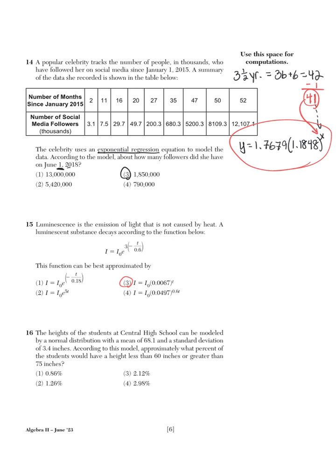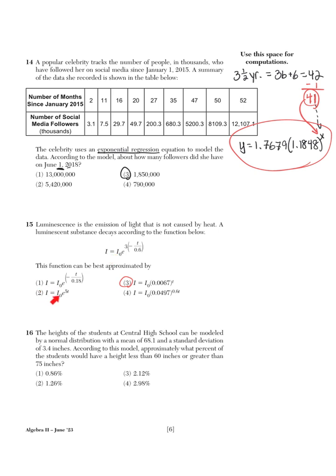This is a little bit tricky. It's actually not hard mathematically, but it is tricky. So they want to know, based on this function that they gave you, it says this function can be best approximated by. So in other words, which one is equivalent to this? I want you to notice that this says I equals I sub 0.